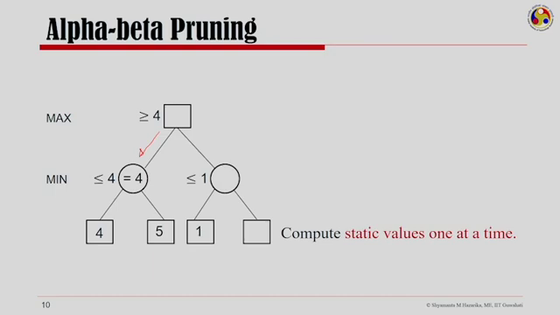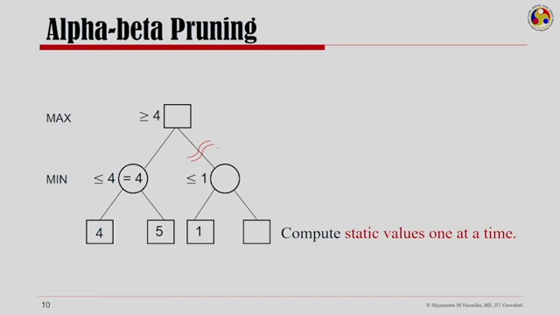Whereas if he prefers to come to the right, all he is guaranteed is something less than or equal to 1, and therefore he would never prefer to come this way. That is as good as saying that this side of the tree does not exist for him.